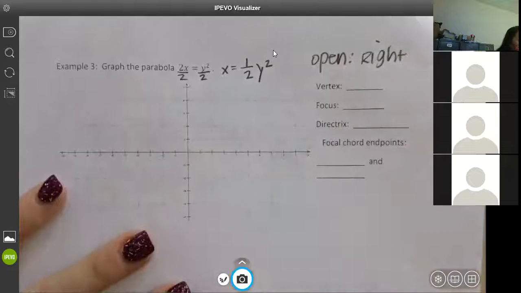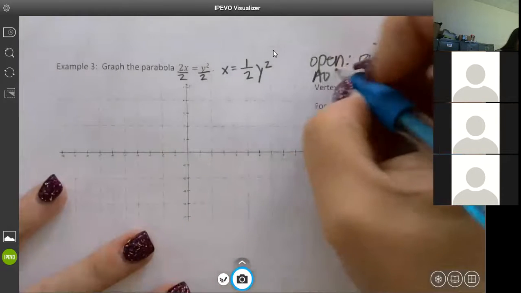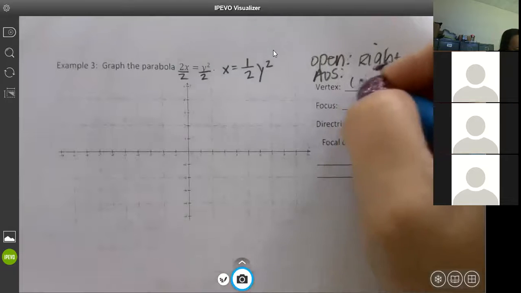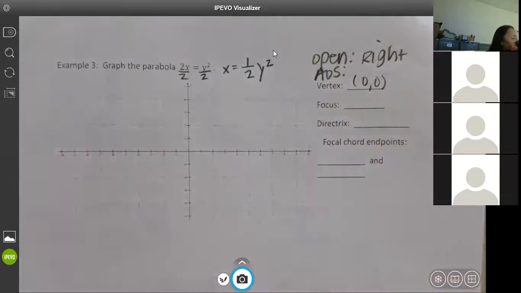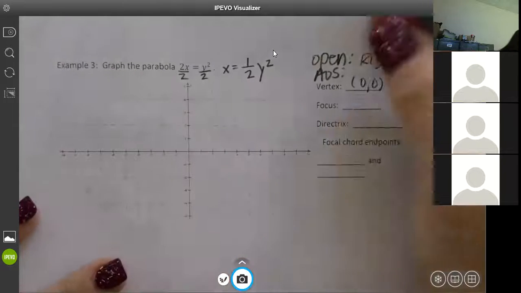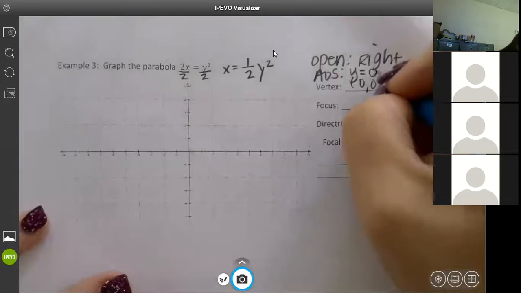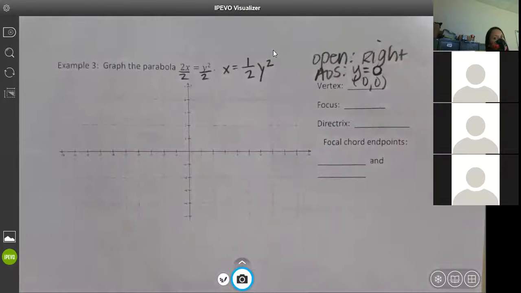It's a positive 1/2, so it goes to the right. We'll do axis of symmetry in a minute. What's your vertex? 0, 0, same thing. And then our axis of symmetry is always the opposite of the equation. So our equation is X equals, so our axis of symmetry is Y equals, and it's the coordinate of the vertex. So the Y coordinate of the vertex is 0.